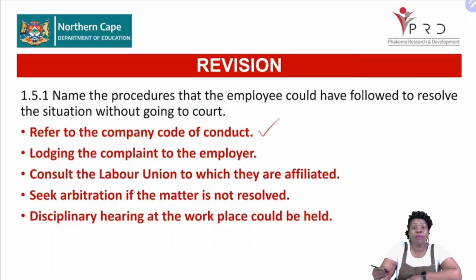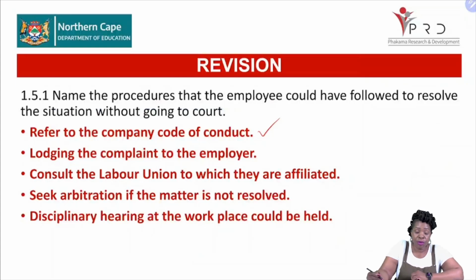So every company has a code of conduct which shows you what procedure you should take or whom you should go to when you have a certain problem. So you must refer to the code of conduct first without rushing to go to court, right?